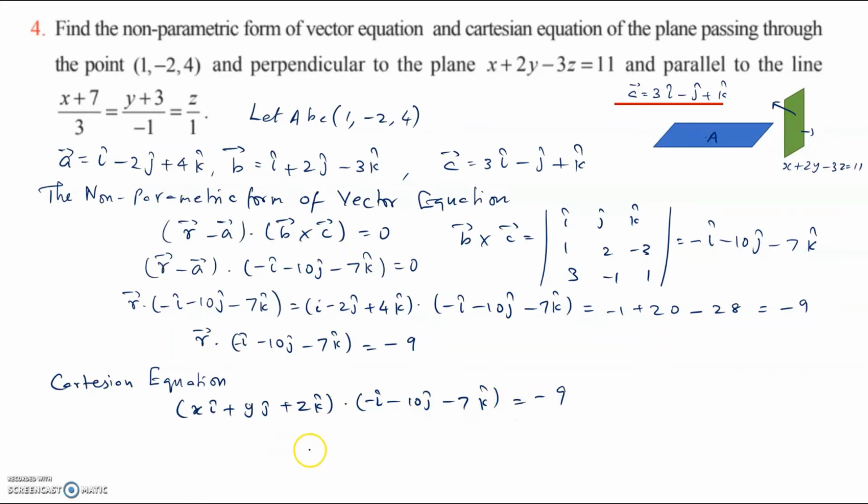Further simplifying this, we get minus x minus 10y minus 7z is equal to minus 9, which can be rearranged as x plus 10y plus 7z is equal to 9. So that's our Cartesian equation.